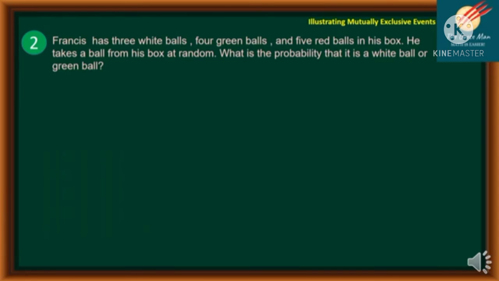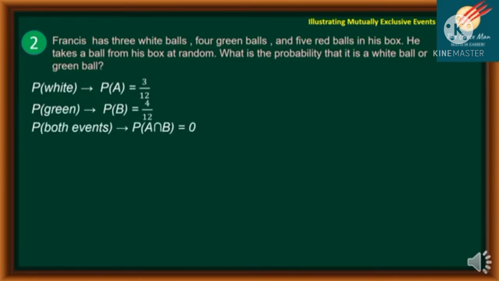So let's move on to problem number 2. Francis has 3 white balls, 4 green balls, and 5 red balls in his box. He takes a ball from his box at random. What is the probability that it is a white ball or a green ball? Again, the probability of white, P of A, is equal to 3 out of 12. There are 3 white balls out of 12.